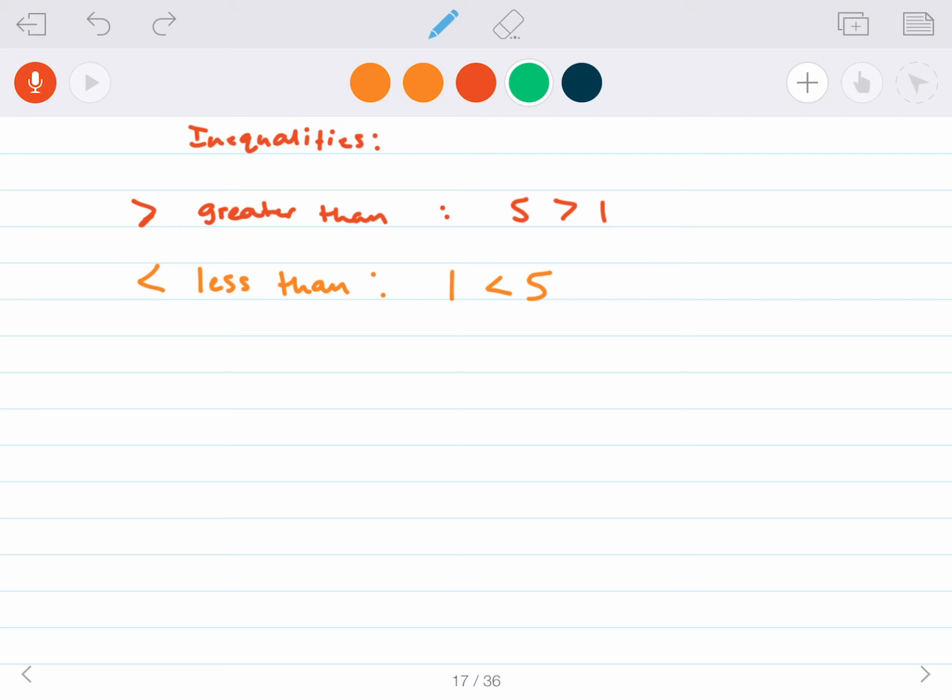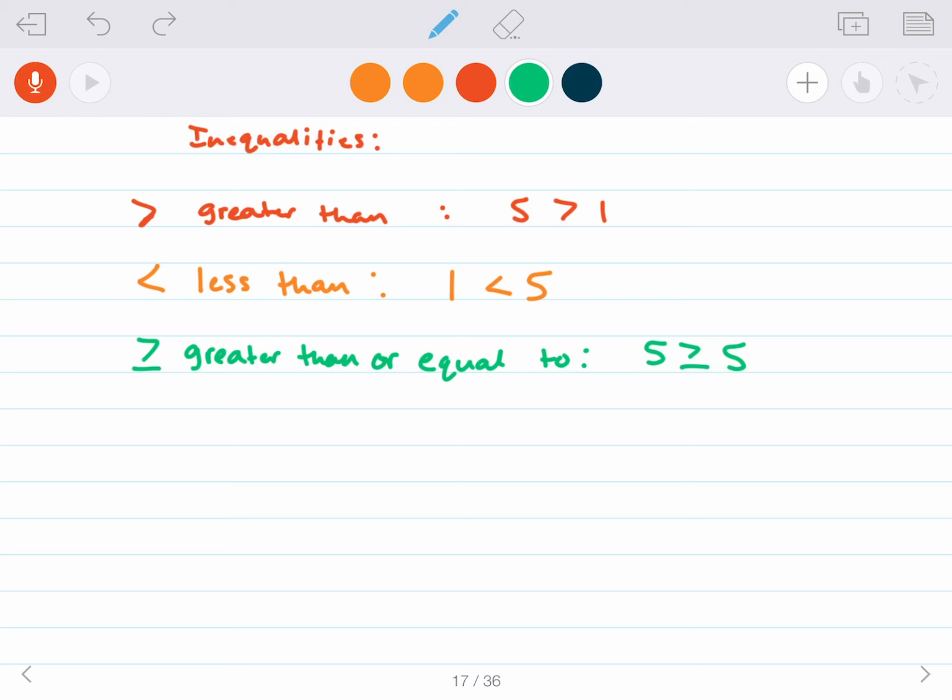And then we have greater than or equal to, with that little line under the greater than sign. So this is greater than or equal to. And we could use this with this example. We could say 5 is greater than or equal to 5, right? So this symbol means it could be greater than or it could be equal to. So 5 equals 5. 5 is greater than or equal to 5.